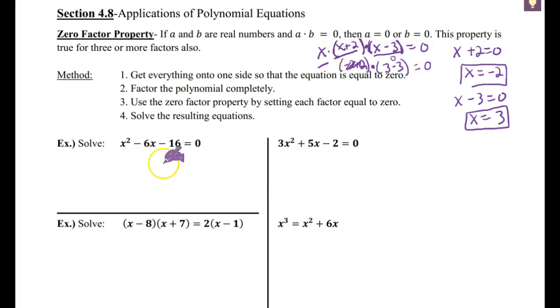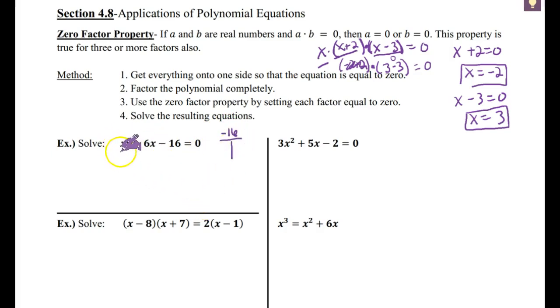So let's go ahead and try that. This first example here is already set equal to 0, so step 1 is done. Step 2 is factor. I notice there are 3 terms. So I want factors of negative 16 that are going to add to negative 6.